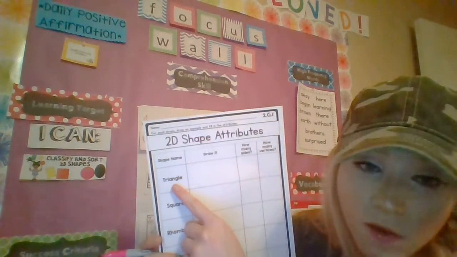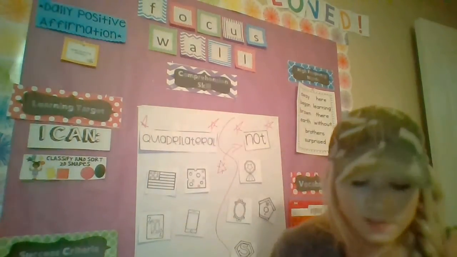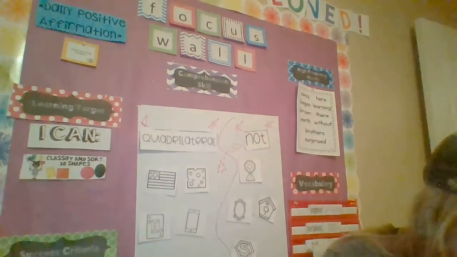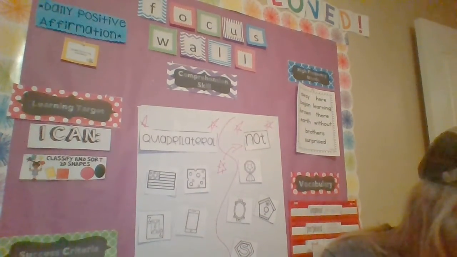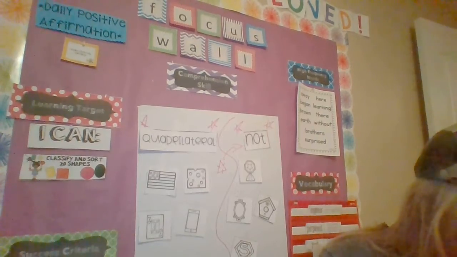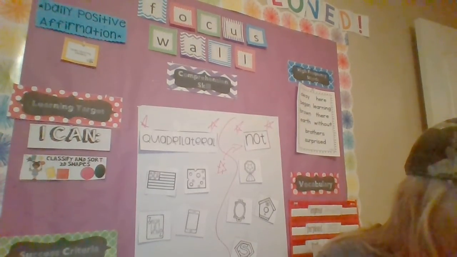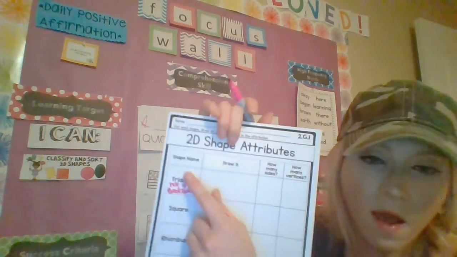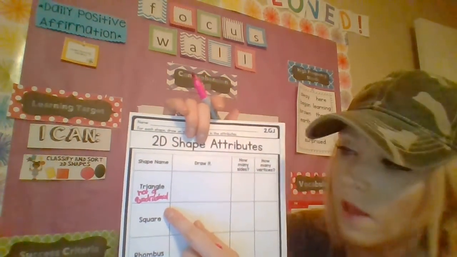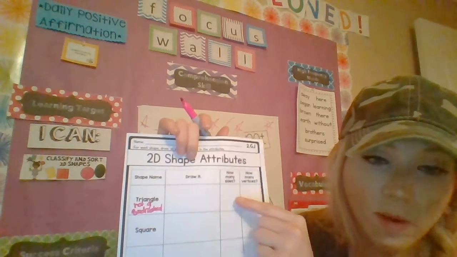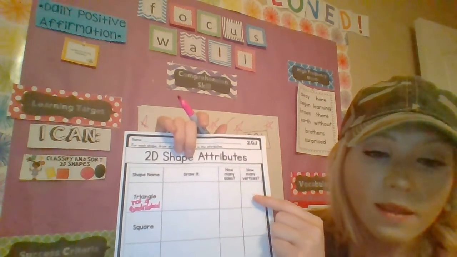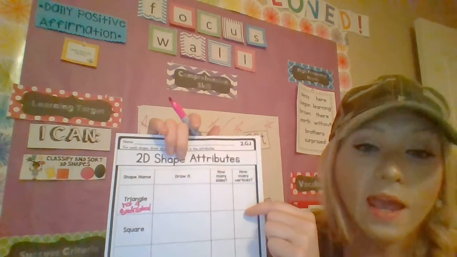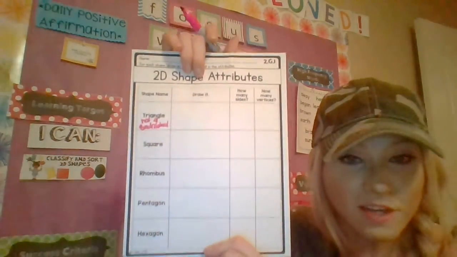So under triangle, I would write not a quadrilateral. Then you still have to draw it, count the sides, count the vertices, and remember underneath also count and write how many angles. Do it for each shape, and then you'll be good to go.